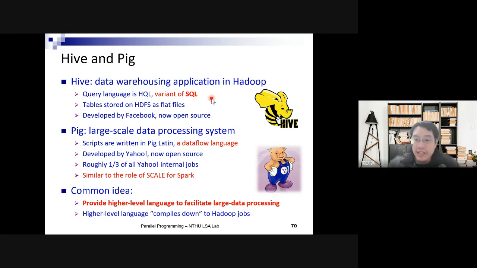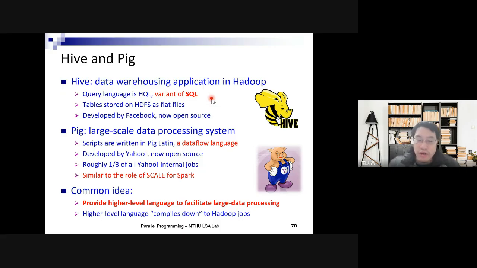It's not exactly the same as SQL, because what's behind Hive is not a traditional SQL database. It is a NoSQL database, a distributed database. So some features like join, or other operations that may involve communication across servers, are not supported by the underlying NoSQL database.